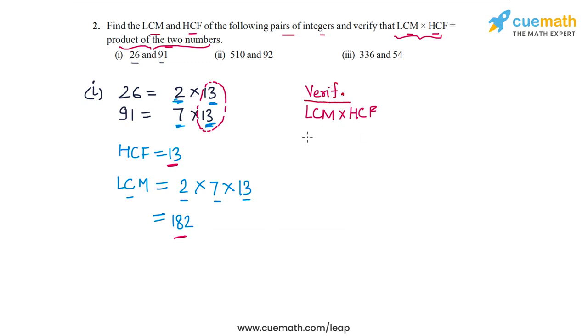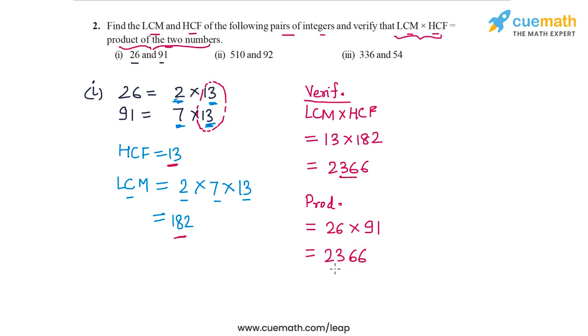LCM into HCF will be 13 times 182, and you can check that this is equal to 2366, and the product of the two numbers will be equal to 26 times 91, and you can check that this will also be equal to 2366. So the LCM times HCF will be equal to the product of the two numbers. So that completes part 1.